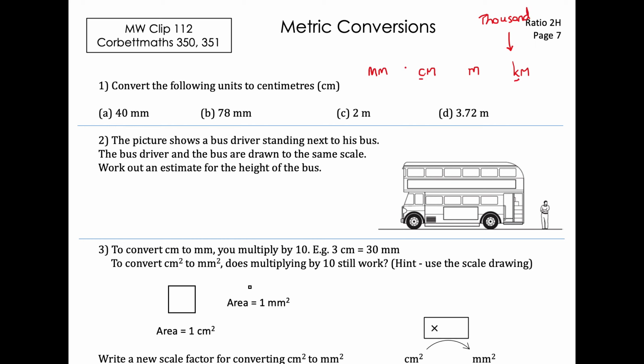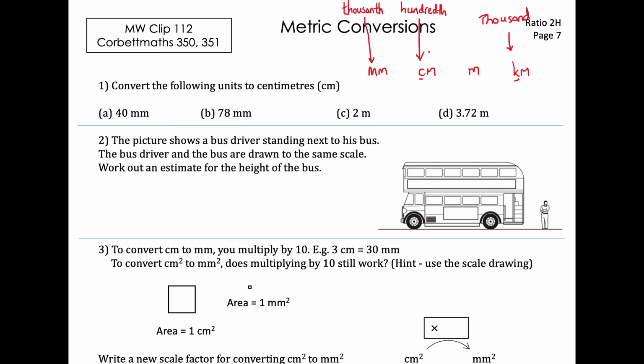Centi doesn't mean 100, it means hundredth, because 1 centimetre is 1/100th of 1 metre. And milli means thousandth, because each millimetre is 1,000th of a metre. There are more than that, but that's what we'll start with for now.